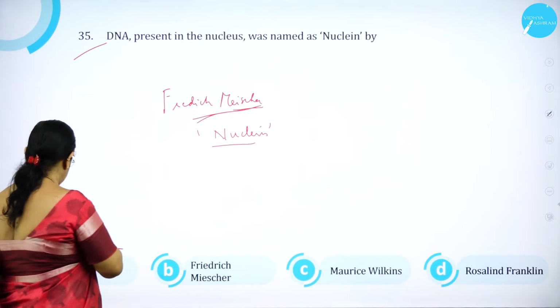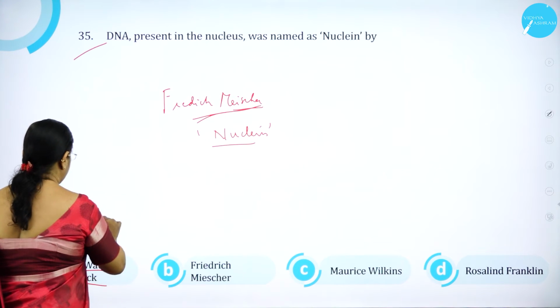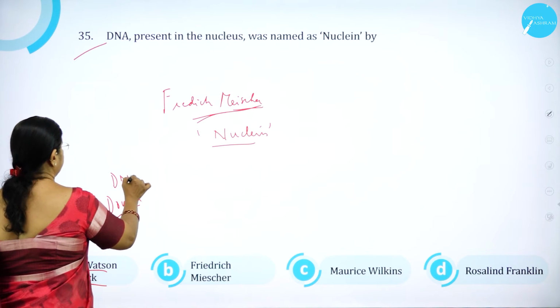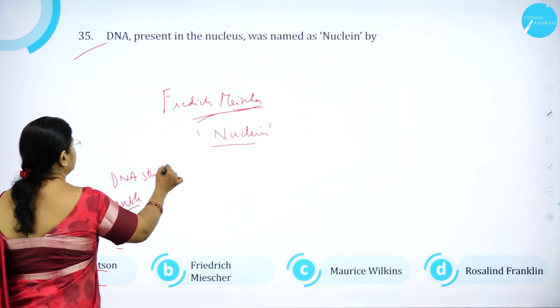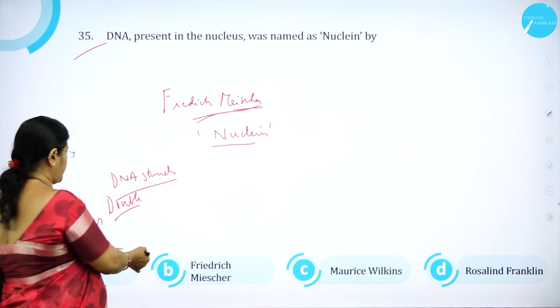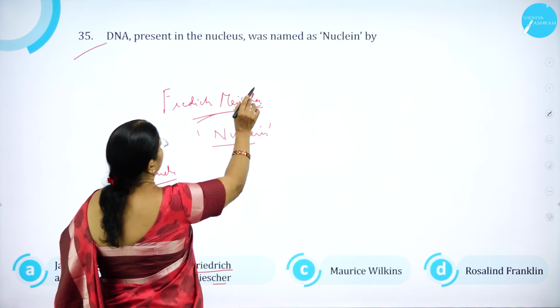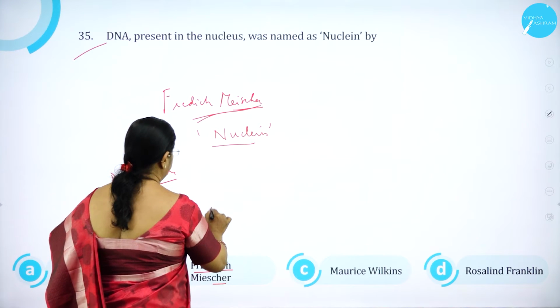So among the four options, A, James Watson and Crick, double helix structure of DNA. The duplex model was proposed by James Watson and Crick. Friedrich Miescher coined the term nuclein.